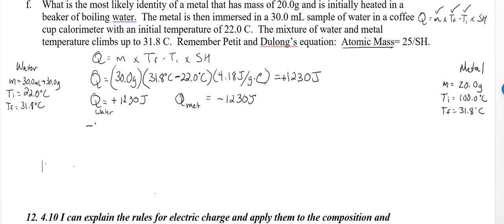So a negative 1,230 joules equals the mass of the metal. The initial temperature of the metal. No, the initial temperature of the metal. Ashra, the final temperature of the metal.